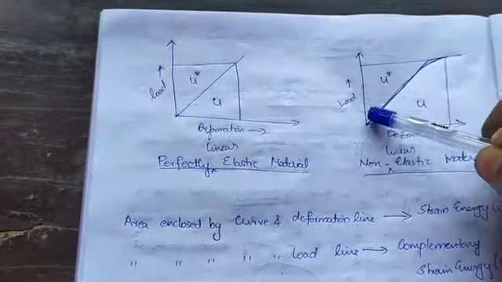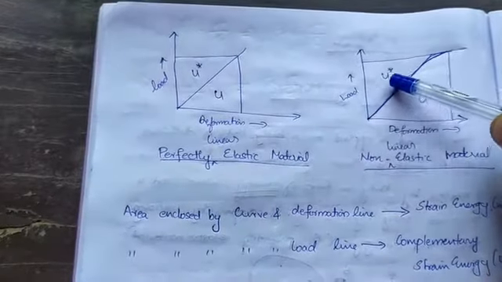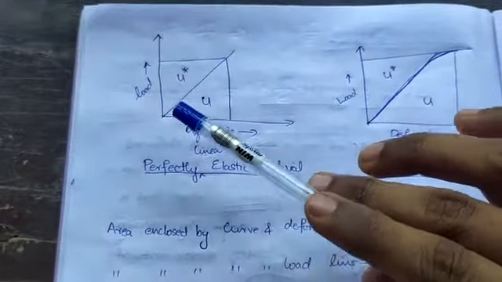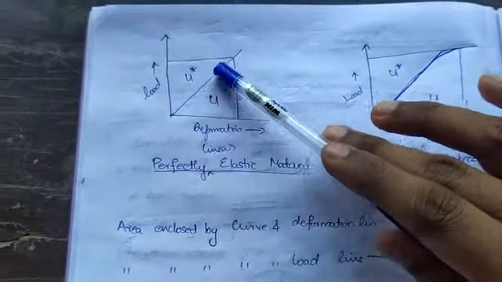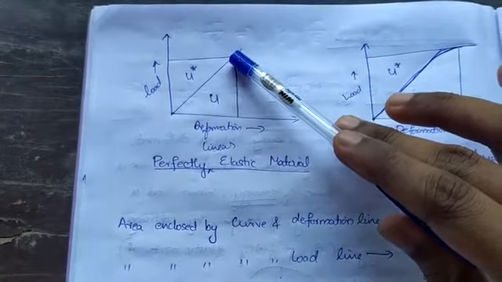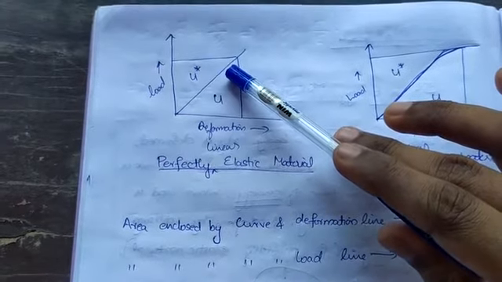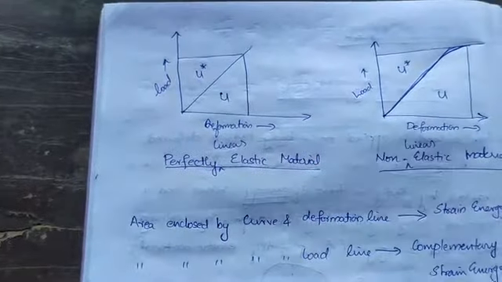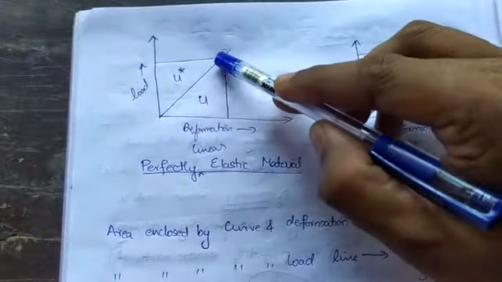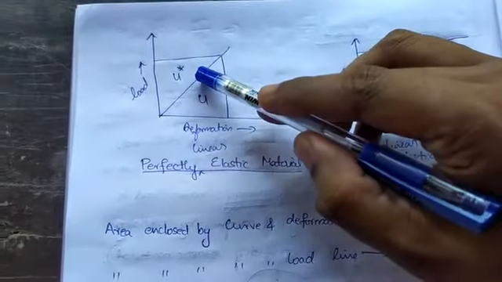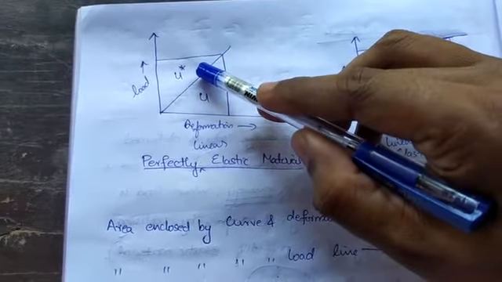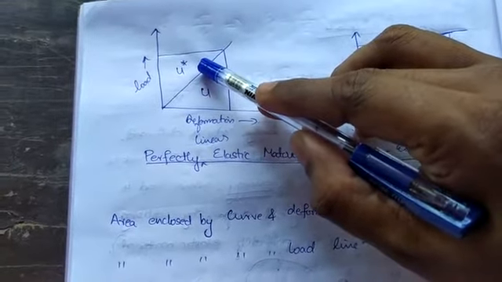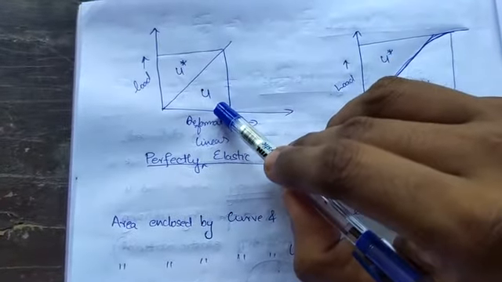The simple concept is that strain energy is the energy stored, that means it is this triangle. Strain energy is the area under the elastic curve and the deformation line.